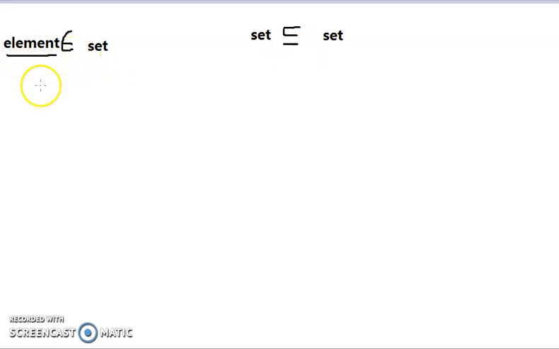So we can look at an example. Say A is a member or an element of a set. Notice that we always use curly brackets to denote a set. Imagine this pair of curly brackets as a house or a room, and A as a person.